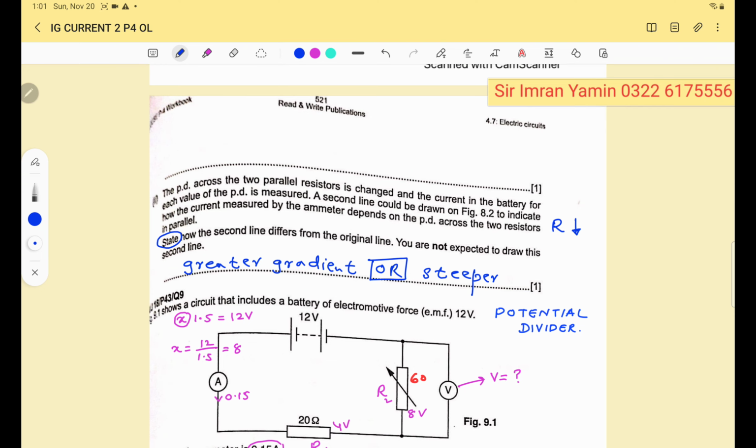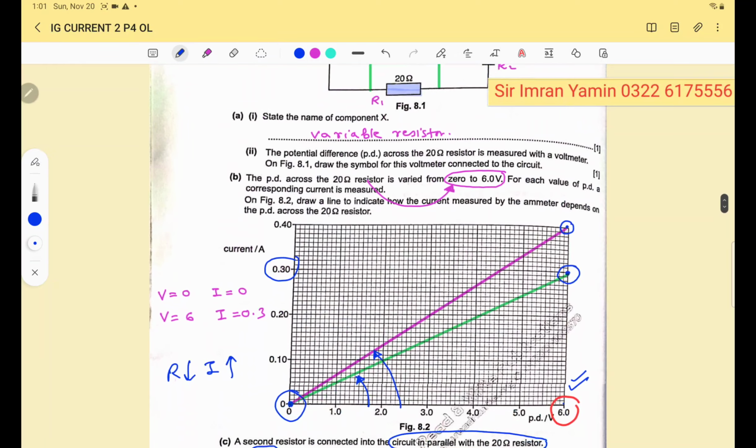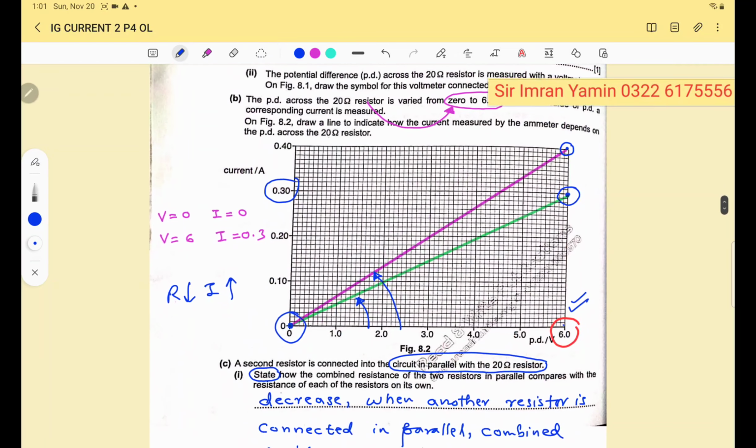But Afra, is it clear or not? The green line graph is the graph of a single 20 ohm resistor.